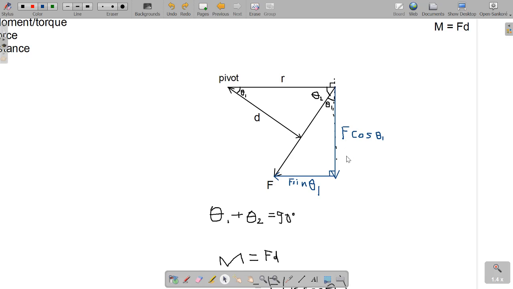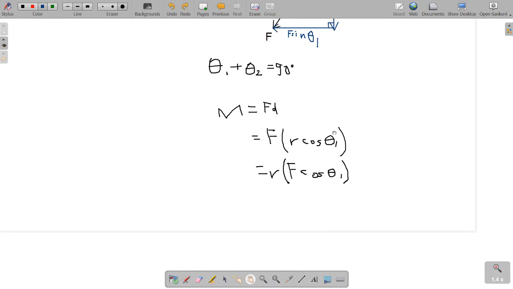This F cosine theta 1 is the component of the force that will affect the rotation around the pivot. Note that even when F is perpendicular to r, this holds true. So this is how moment is defined.